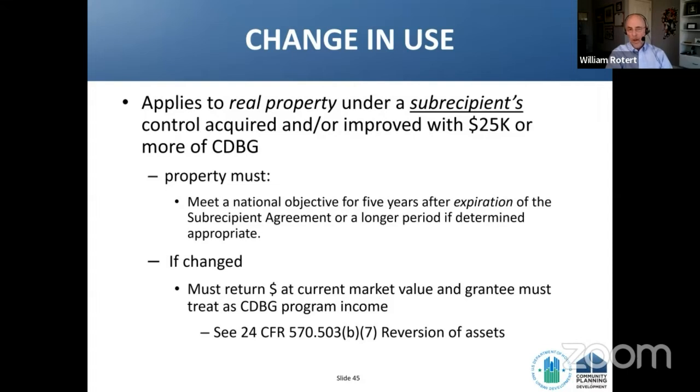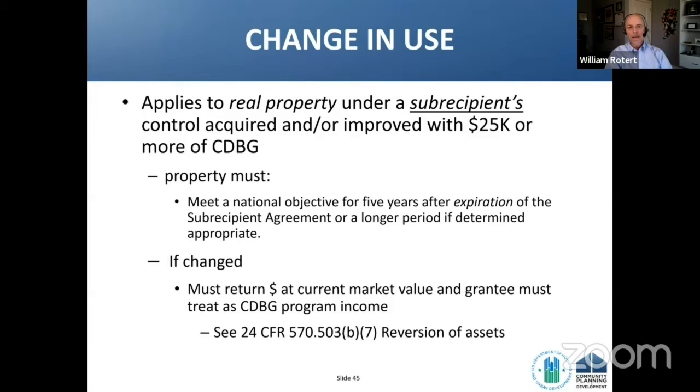This applies to real property that you might acquire under CDBG, that's under a subrecipient's control, that was acquired or improved with $25,000 or more of CDBG. So you funded that subrecipient, that nonprofit, and they acquired a piece of property for more than $25,000. That piece of property is subject to these rules.